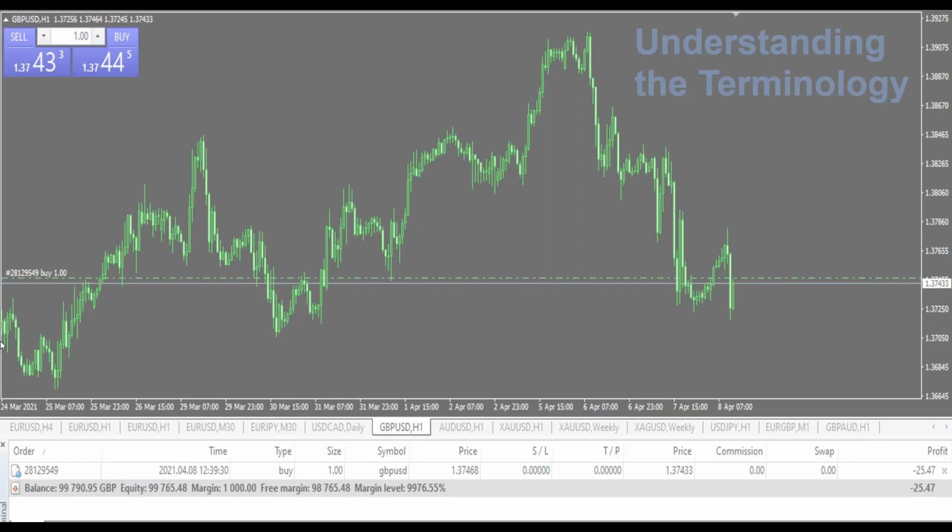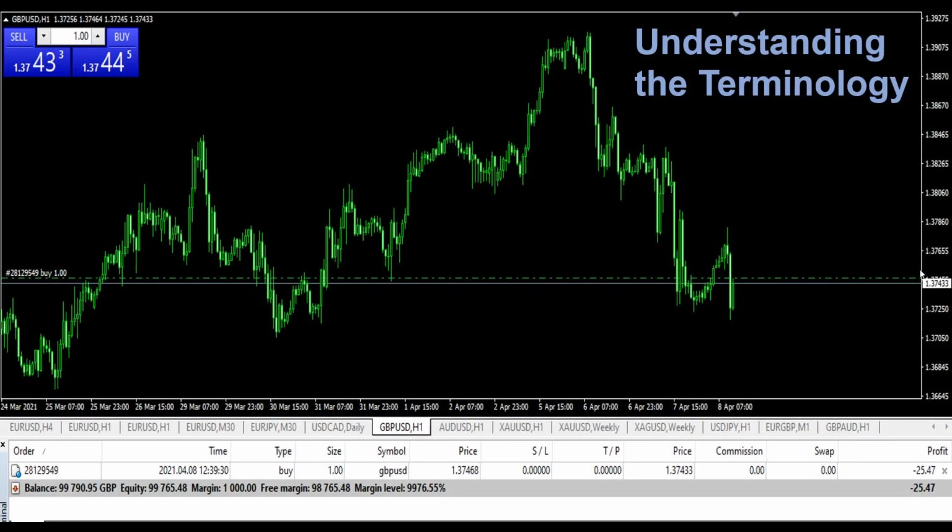Okay. Understanding the terminology. As I already said earlier in the presentation, it may surprise you that many traders only understand the bare bones of their trading terminal. If you're going to take trading seriously, you must understand the trading terminal's functions. It's not just about trend lines, support and resistance, supply and demand, the RSI.